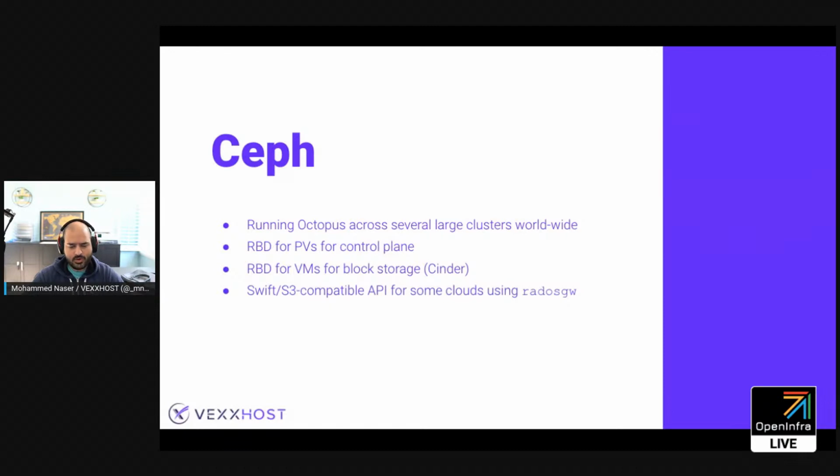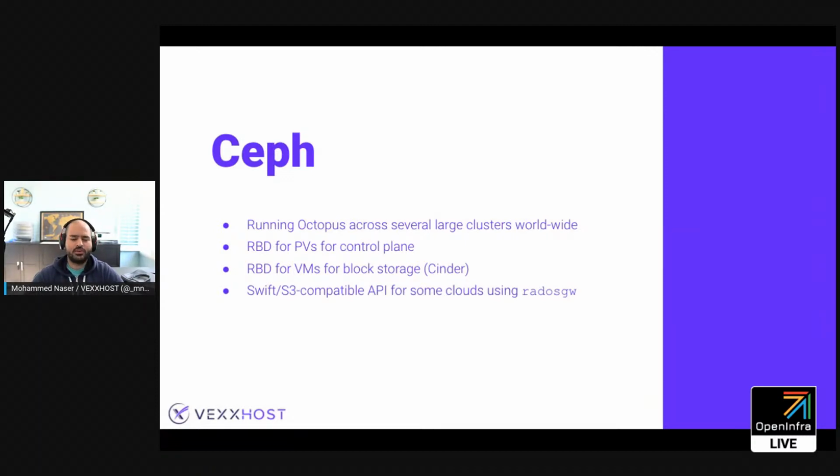So what we use it for: our OpenStack control plane for all of our deployments runs inside Kubernetes. And so we actually use the Ceph RBD CSI that's maintained by the community to provision RBD volumes that are attached as Ceph persistent volumes to run our OpenStack control plane for things like RabbitMQ state and MariaDB storage.